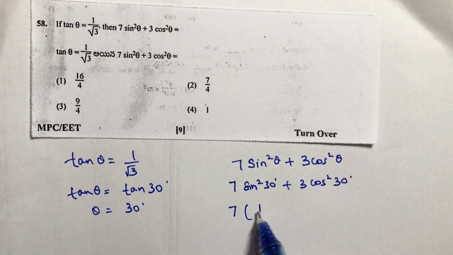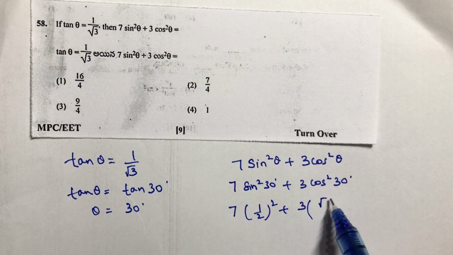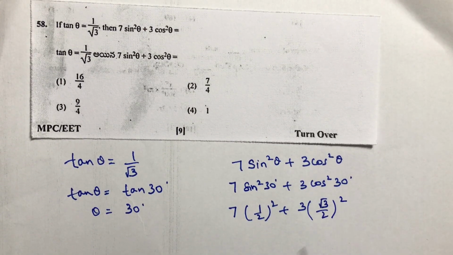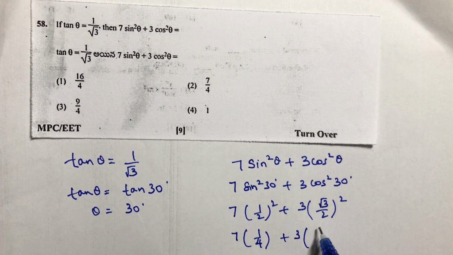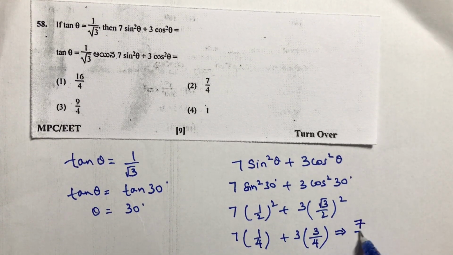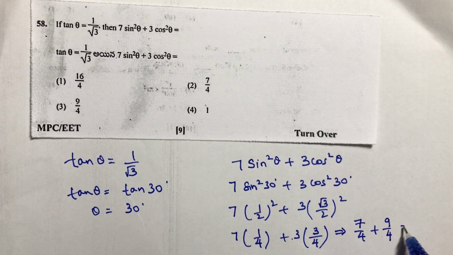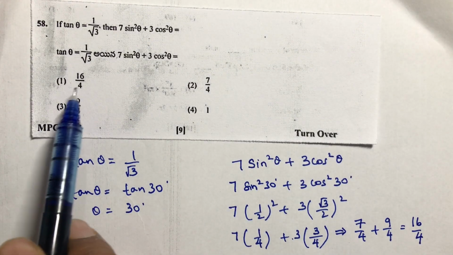Sin 30 is 1 by 2 whole square. Cos 30 is root 3 by 2 whole square. So 7 into 1 by 4 plus 3 into root 3 whole square is 3, 2 square is 4. So here you will get value 7 by 4 plus 3 times 3, 9 by 4. So answer is 16 by 4. You can cancel it, but the option is 1, 16 by 4.